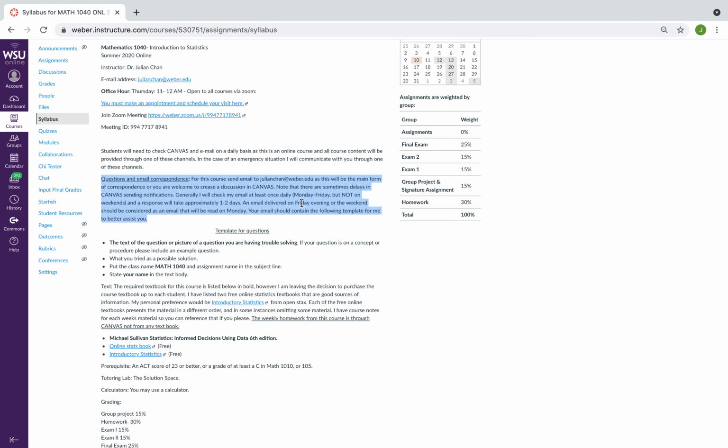I might have family commitments, so on the weekends you should expect that it could take longer. I might get back to you, but you shouldn't count on weekends. You should generally expect, if you email me Monday through Friday, I'm going to get back to you within 48 hours. You email me on the weekend, great, I might get back to you. If not, I'm busy with my family and friends. Okay.